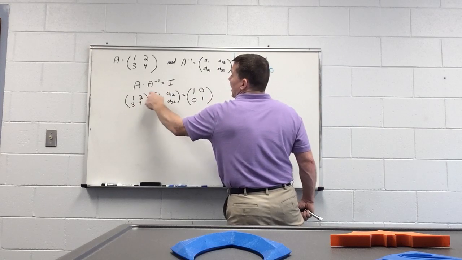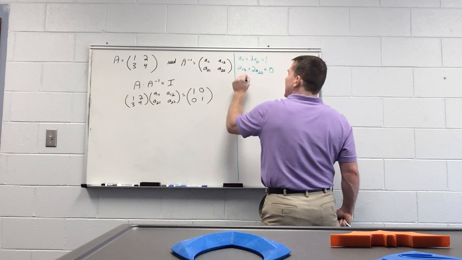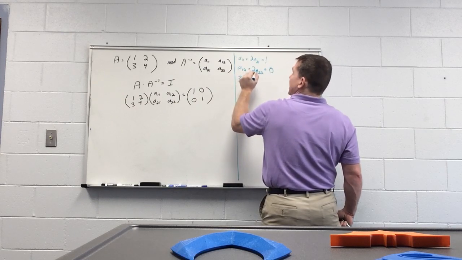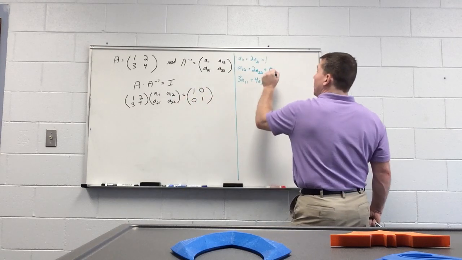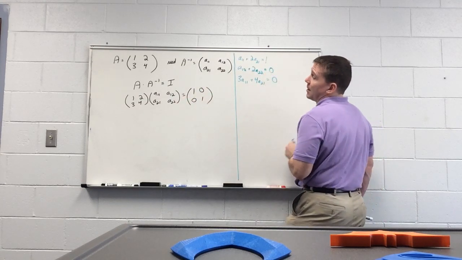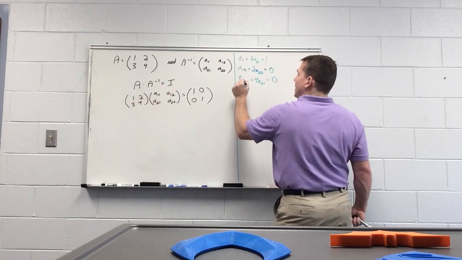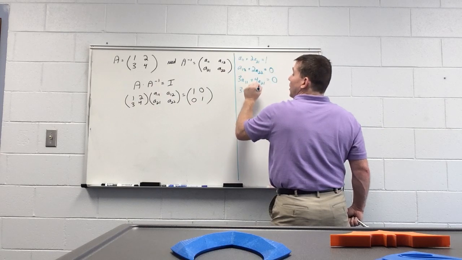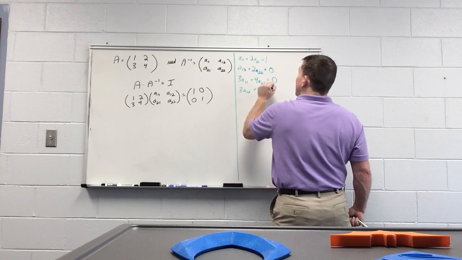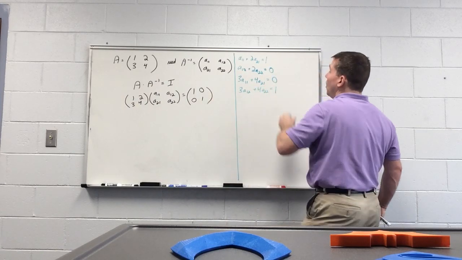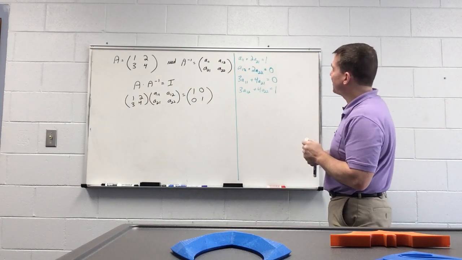Second row, first column, 3A11 plus 4A21 has to equal 0. And second row, second column, 3A12 plus 4A22 is equal to 1. Now I have my system and I just have to solve it.